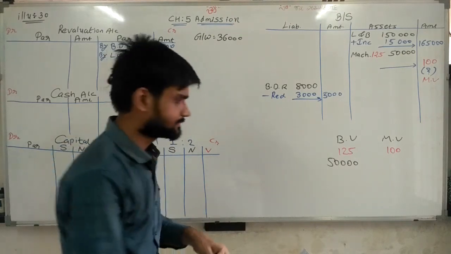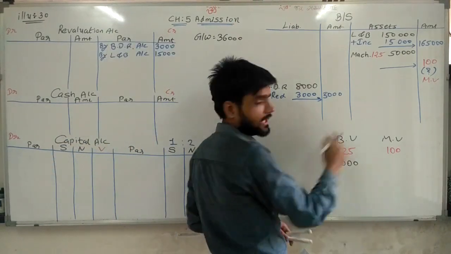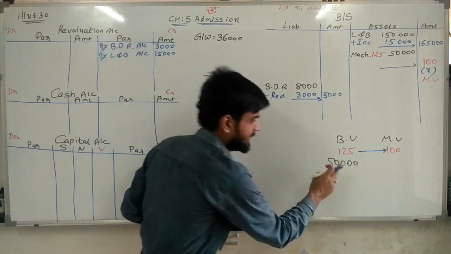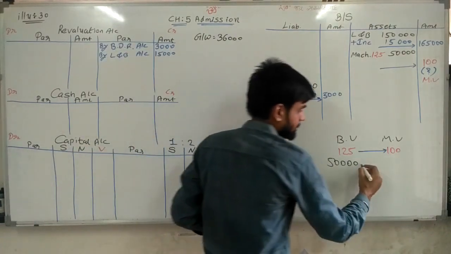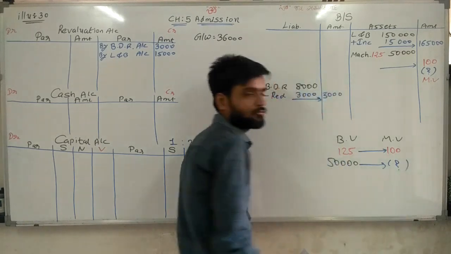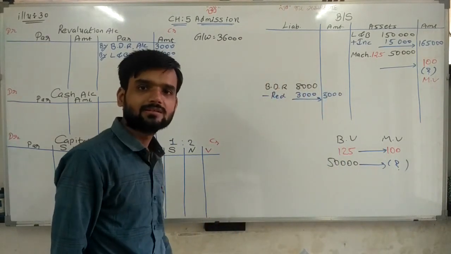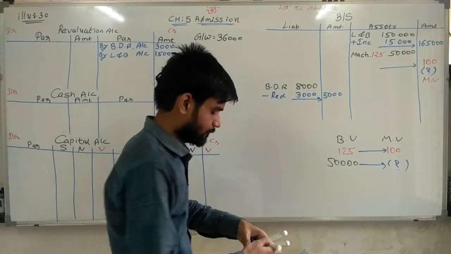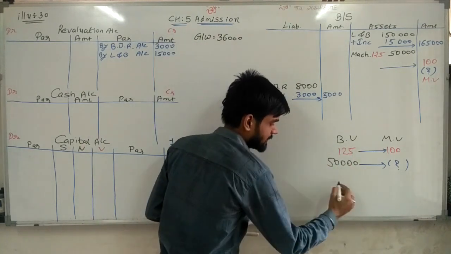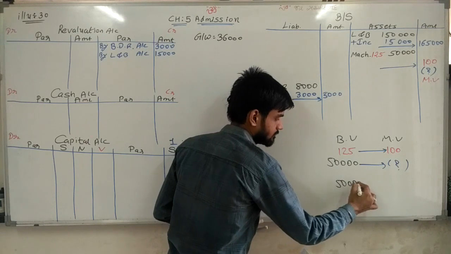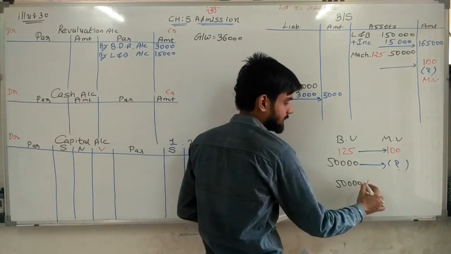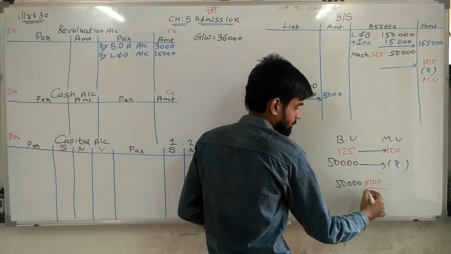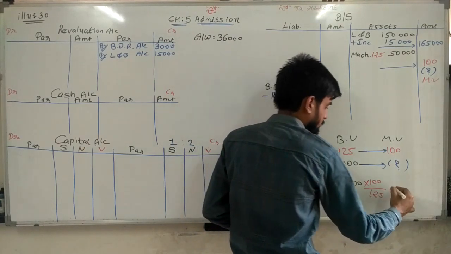Now compare 125 book value and market value 100. Then if book value is 50,000, what is the value of market? Simple. Now cross multiplication, all of you know very well. 50,000 multiply with 100, divide with 125.